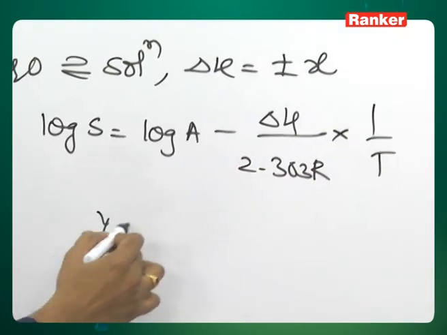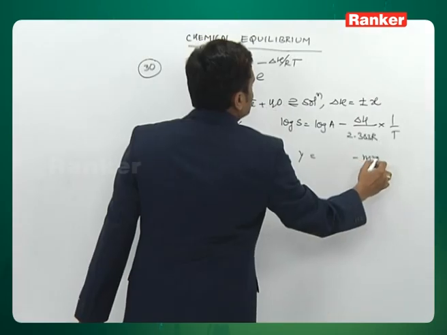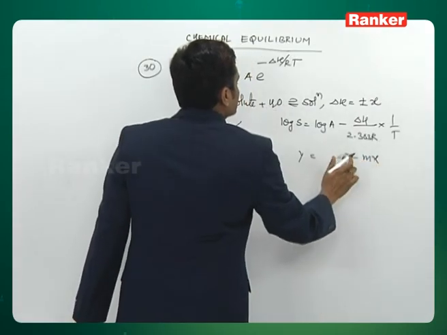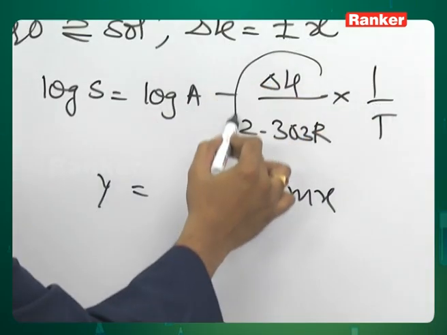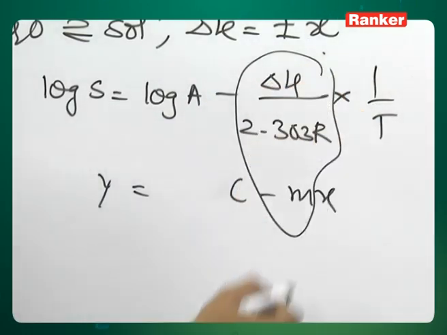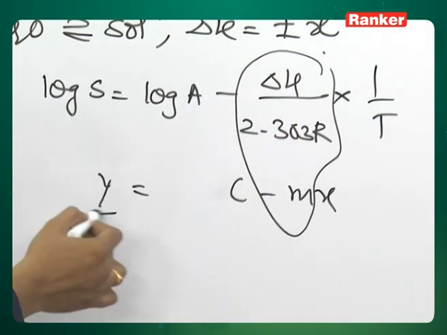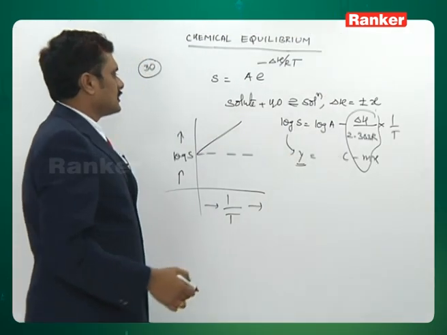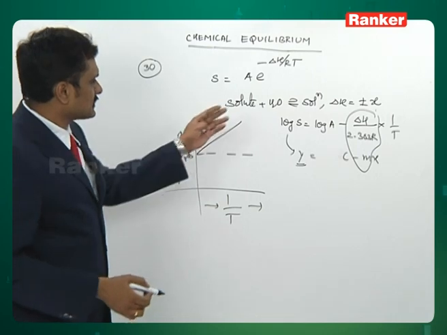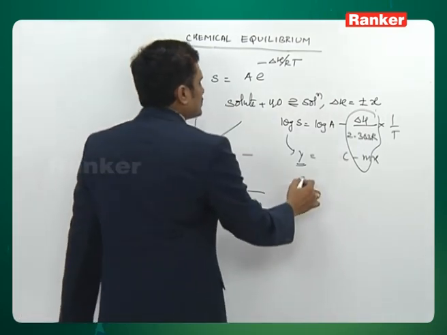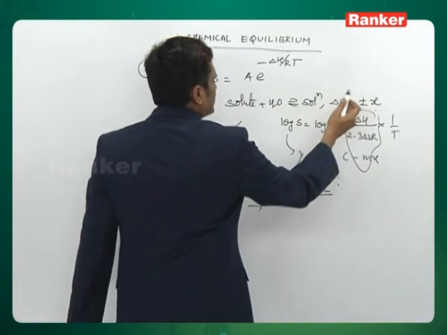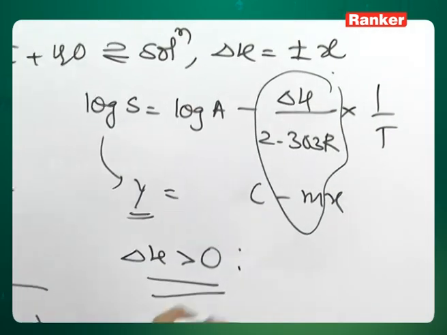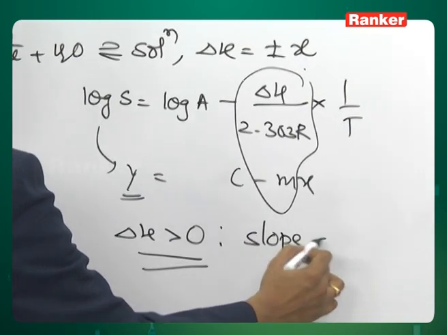Now when I am comparing this with y equal to minus mx plus c, that is slope to be negative with a positive intercept, the slope is comparable. The x coordinate is 1 by T and y coordinate is logarithm of S. Now for the given expression, if delta H is positive, I mean when I am dissolving any particular solute and heat is absorbed, then in that case slope is negative.